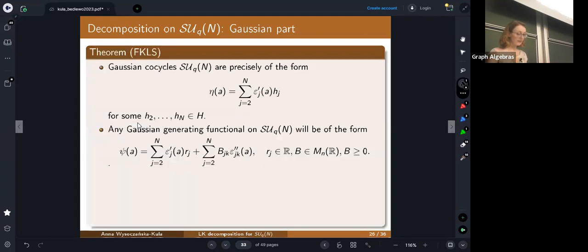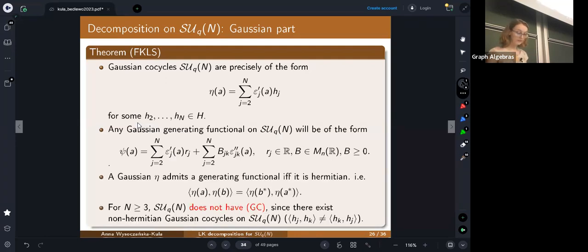Now the point is that we can show, similarly as in the SUq(2) case, that any Gaussian cocycle will be a linear combination of epsilon primes with different j's. And we can show the general formula for a generating functional, which will be a linear combination of all these functionals that we have here.